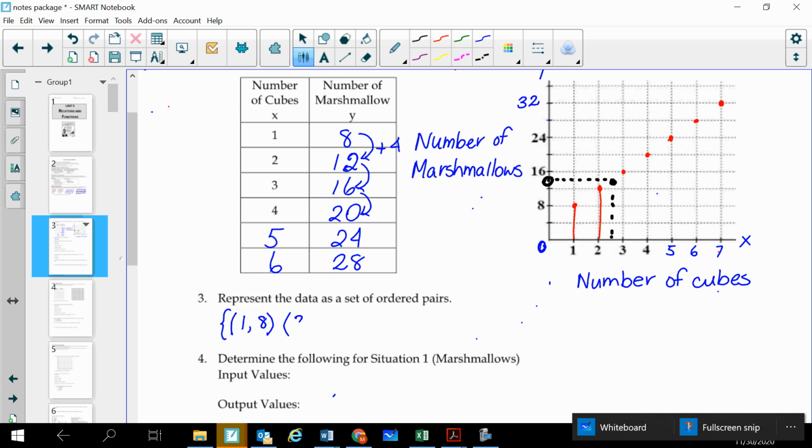X value, y value, and so on and so forth. Then I close with a set of curly brackets.